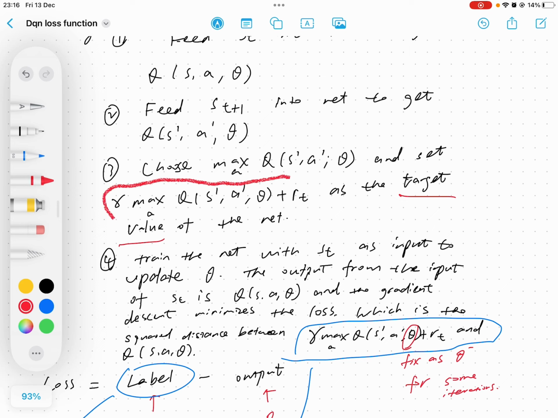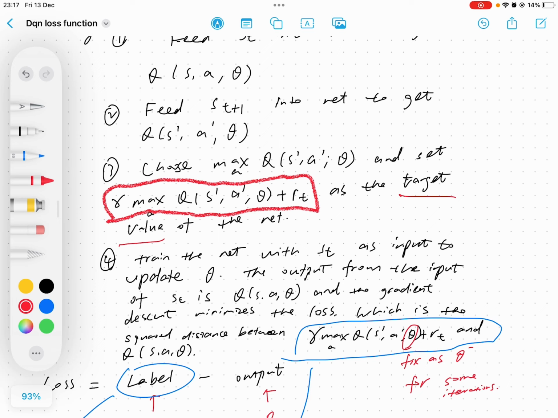So it'll be the gamma, the discounted future reward, which is maximized by taking some action A, which is the maximum of the Q value using parameter theta, but it should be theta with the parameters fixed, and taking the next state and next action, plus the current reward, RT.